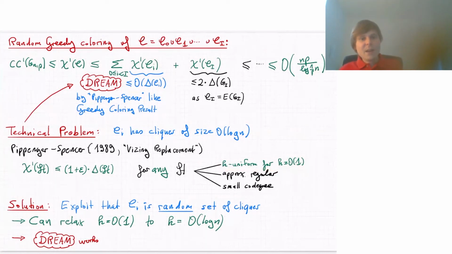In many of these cases, the way these results are proved is that you color almost all of the edges of your hypergraph using maybe some random greedy approach or something like that. And then you deal with the remaining edges, say some epsilon fraction of the edges, in some very crude way. So in particular, one very trivial upper bound of the chromatic index is at most k times the maximum degree of a hypergraph.